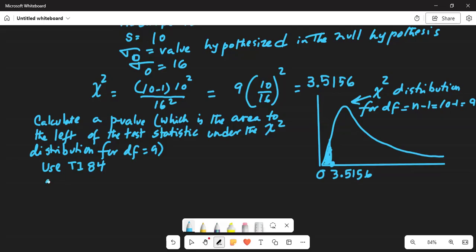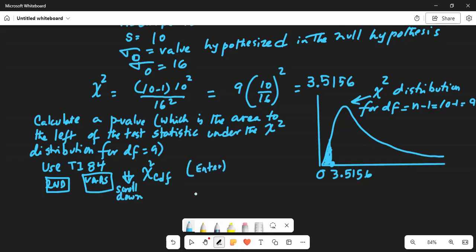On the TI-84, we press the second key first, then the vars key, and then scroll down to chi-square CDF. Okay, and hit enter once you see chi-square CDF.